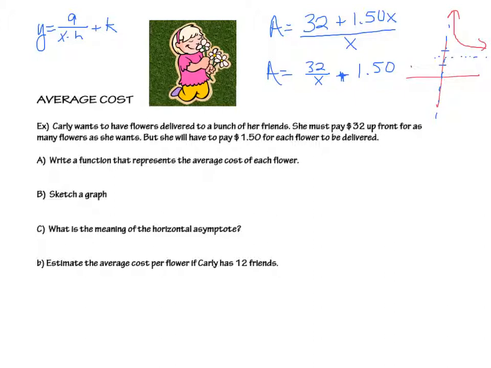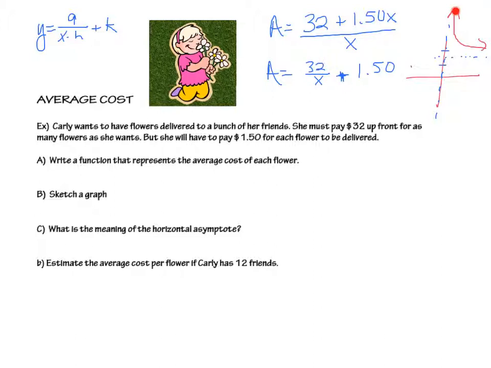So what happens is that if Carly only buys one flower, let's go over 1, the average cost of those flowers is incredibly expensive because she had to pay $32 to get one flower and then she delivered it. Okay, so that's great. And so with that one flower, she doesn't really get to divide that flat fee up over a lot of friends.